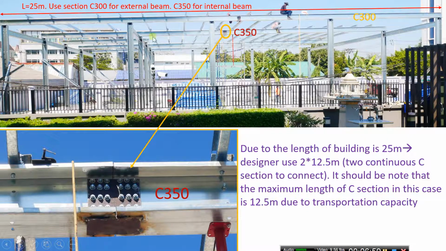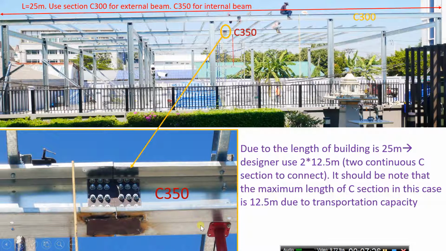Because the total length of the building is, as you remember, 25 meters, he used 12.5 meter beams, one beam and another, and he connected them here. And this is the detail of the connection, as you see. For temporary construction, the workers use scaffolding to carry the connection here.